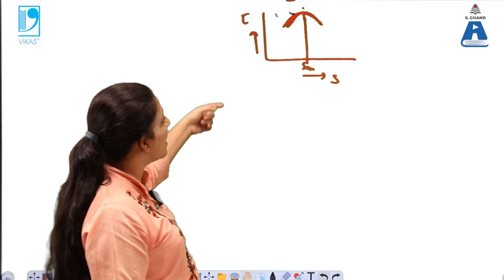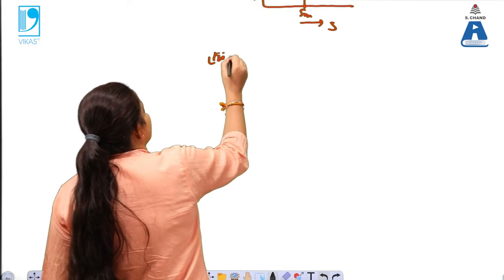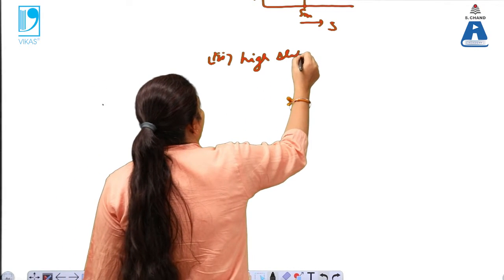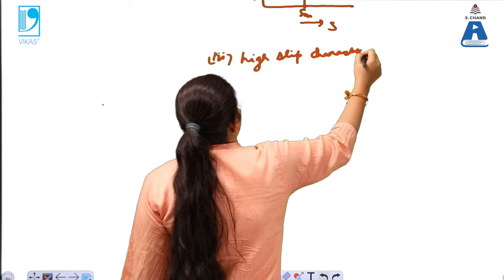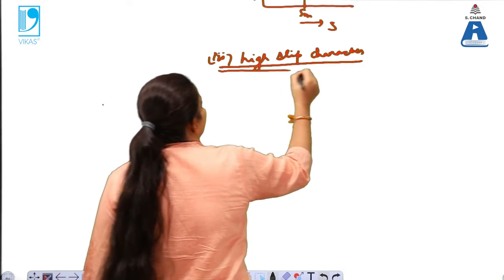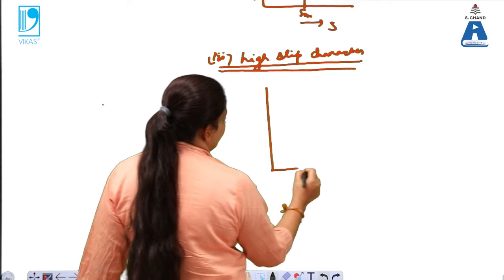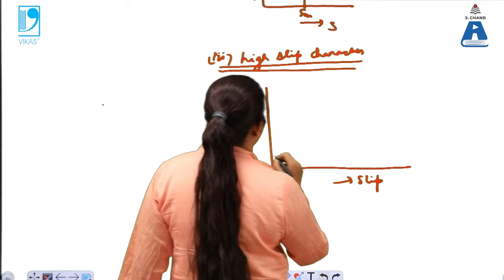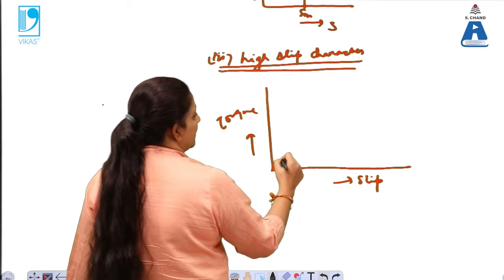Now the third portion is the high slip characteristics, which can be plotted like this.